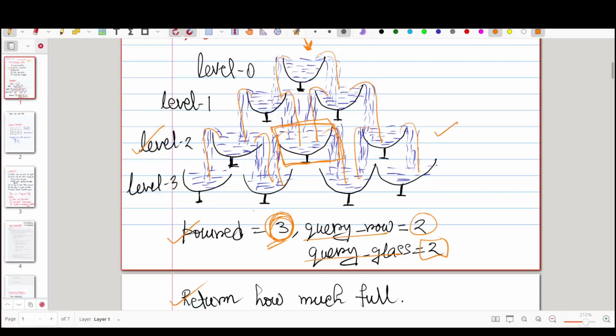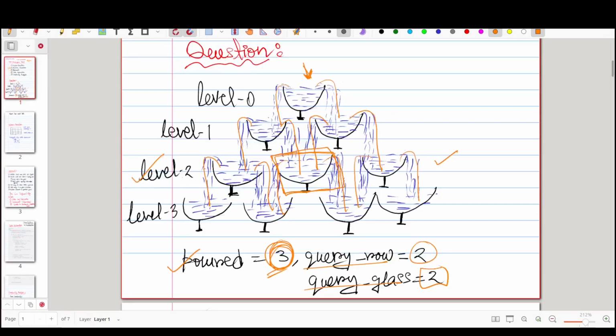If you try to dry run this example, first of all we have to pour 3 amounts of water, so it will fill only one amount over here, and the other 2 amounts go to the glasses below, because whatever portion overflows will be equally distributed to these two next level glasses. That means this is filled with 1 and this is also filled with 1.